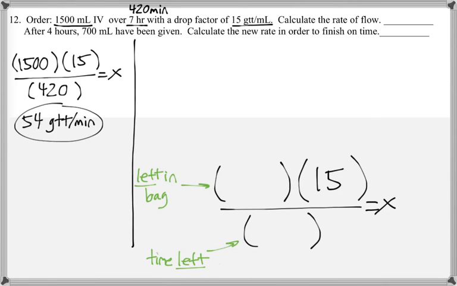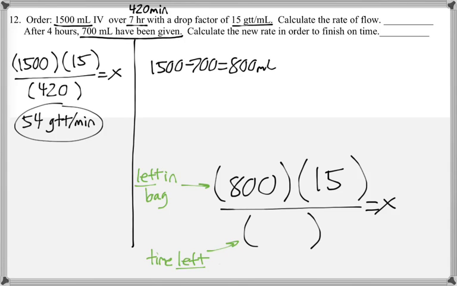Okay, so we originally had 1500 mLs, and they tell us that 700 mLs have been given. So 1500 minus 700 is 800 mLs. And then we originally were infusing this over 7 hours, and 4 hours have passed.